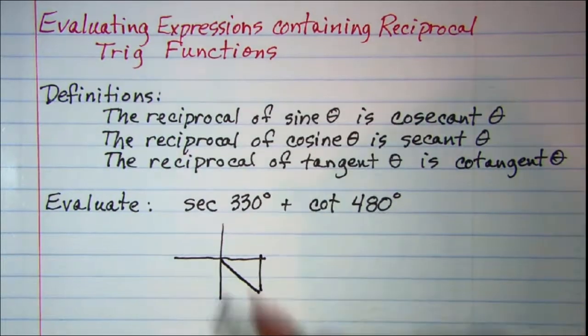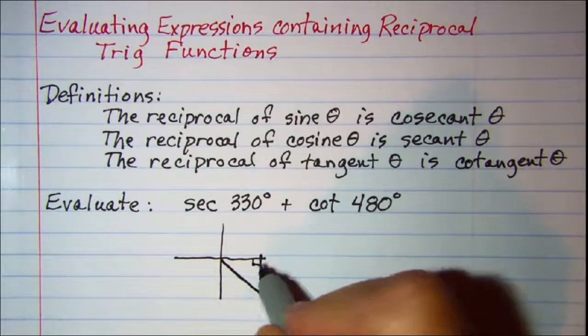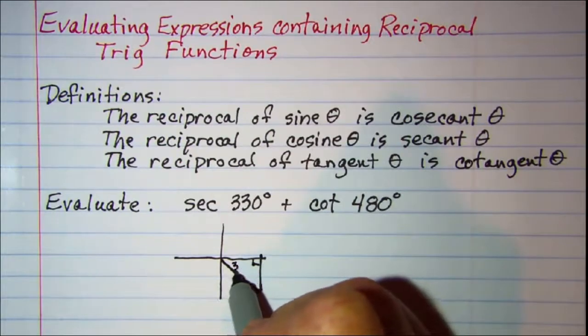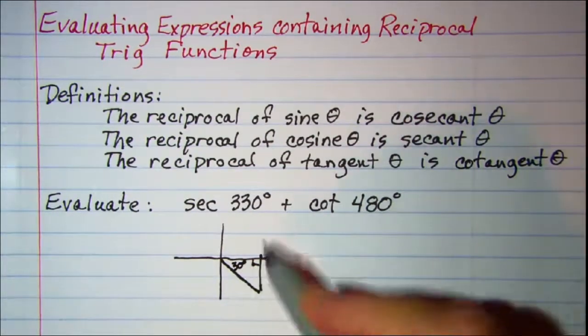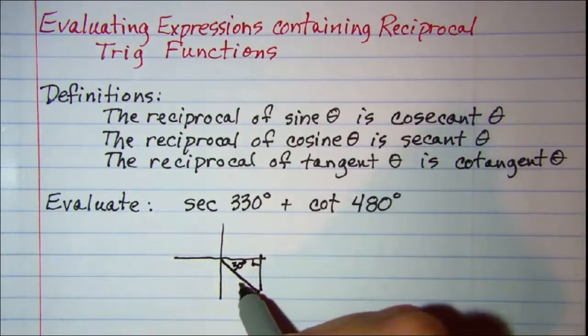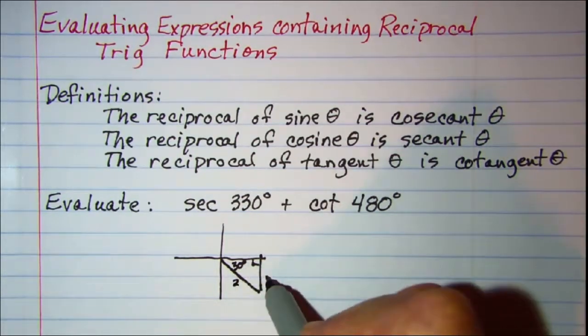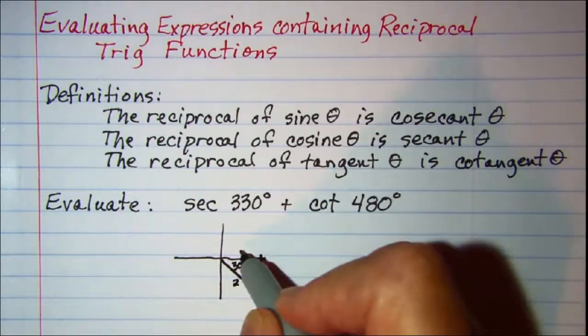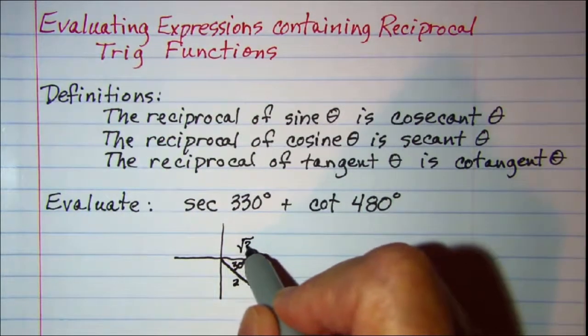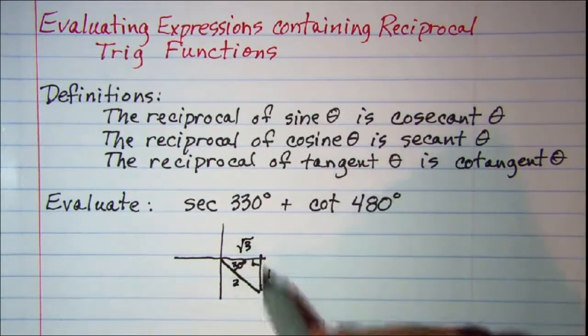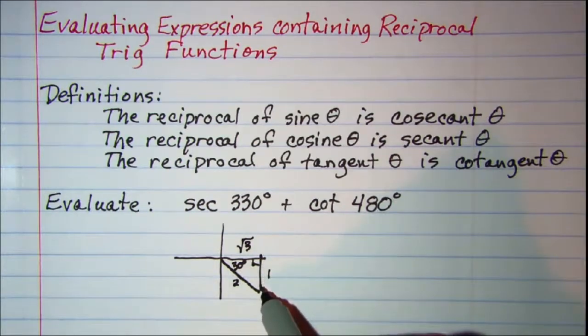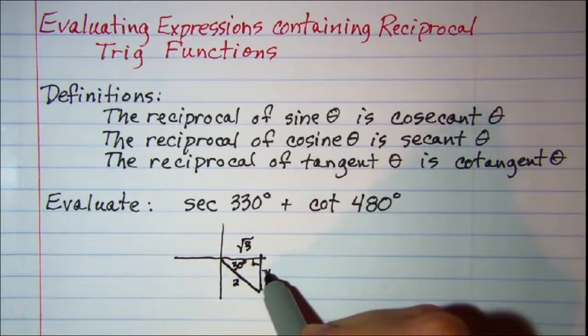So our reference angle here is 30. Now if we put our numbers in here, the hypotenuse is 2, the side opposite the 30 is 1, and then the other side is root 3. And since this side right here is below the x-axis, it'll be a -1.